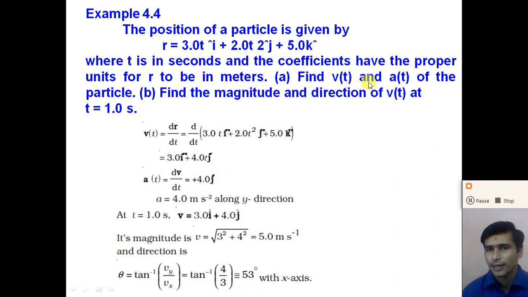First, find the velocity vector v(t) and the acceleration vector a(t) of the particle, and second, find the magnitude and the direction of the velocity at t equal to 1 second.